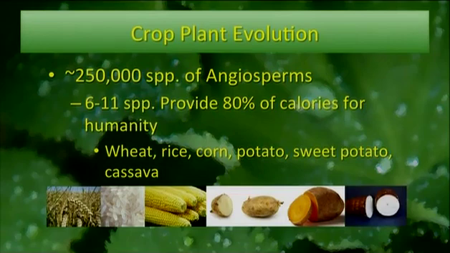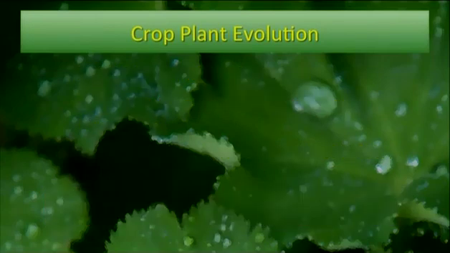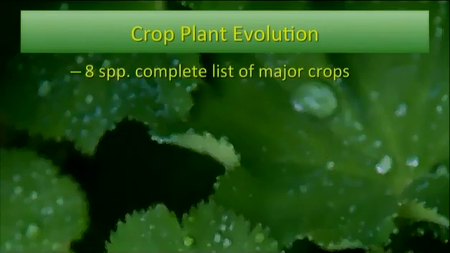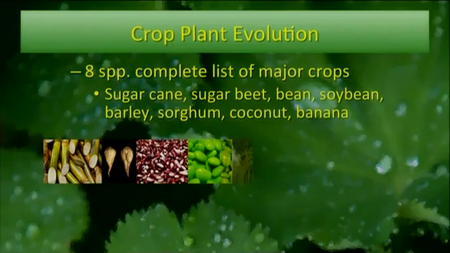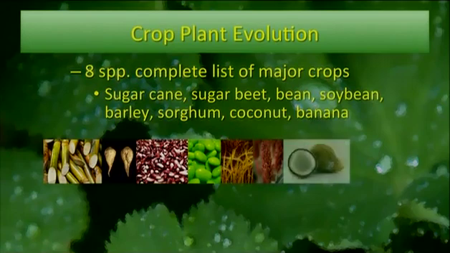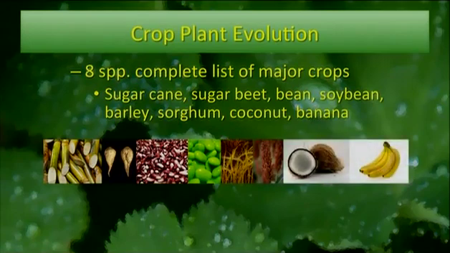Let's repeat that: wheat, rice, corn, potato, sweet potato, and cassava provide about 80% of the calories for humanity. And 8 species complete the list of major crops: sugarcane, sugar beet, bean, soybean, barley, sorghum, coconut, and banana. These are the major crops in the world that feed all of humanity.